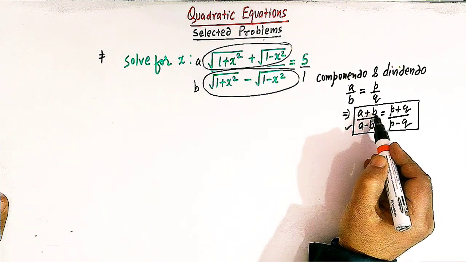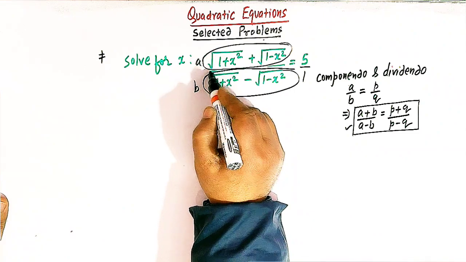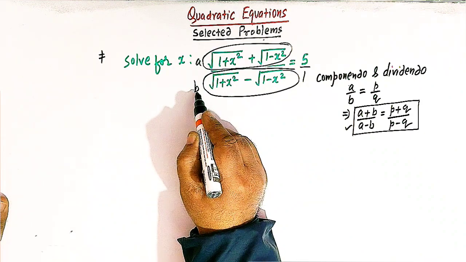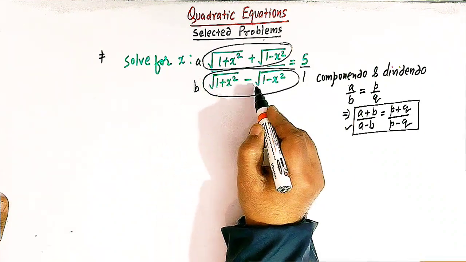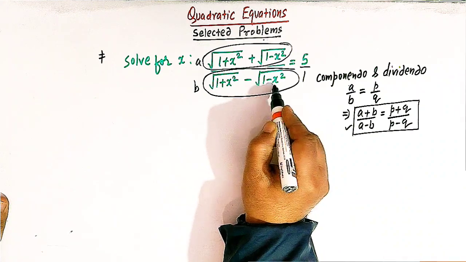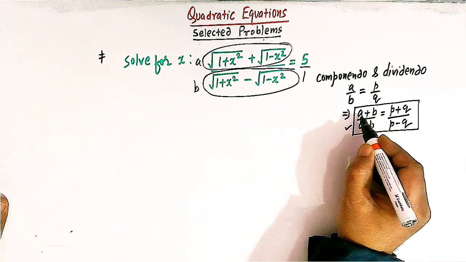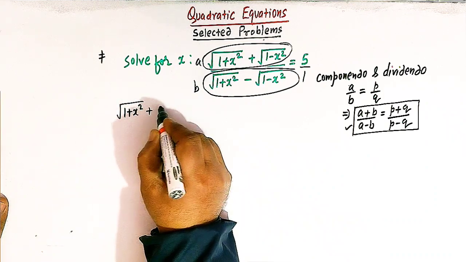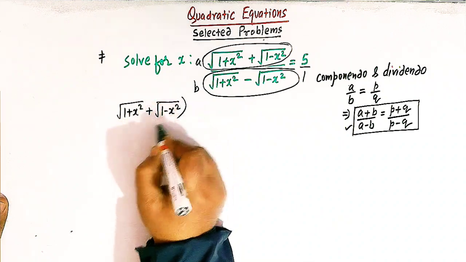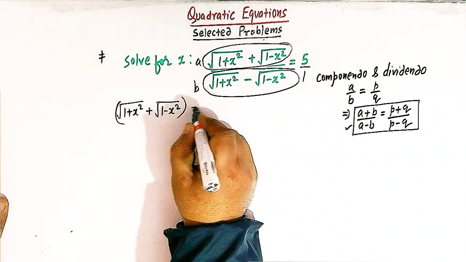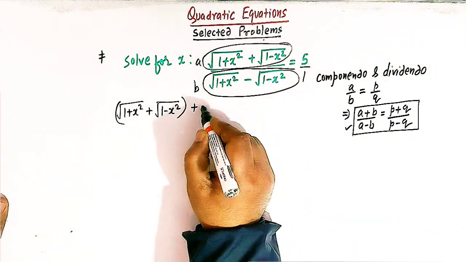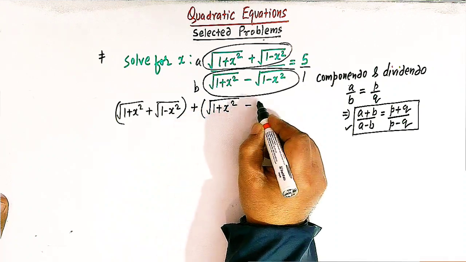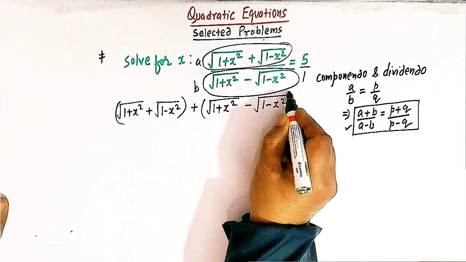So we have A plus B. A is square root of 1 plus x square plus square root of 1 minus x square, and B is square root of 1 plus x square minus square root of 1 minus x square, right? So A plus B is square root of 1 plus x square plus square root of 1 minus x square, plus the denominator B, which is square root of 1 plus x square minus square root of 1 minus x square.